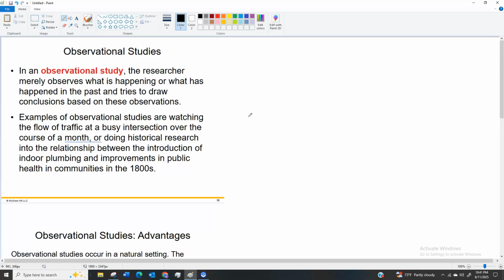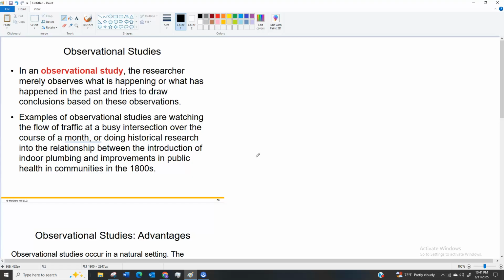Examples of that would be watching the flow of traffic at an intersection, or doing historical research into the relationship between indoor plumbing and public health. Like, at what point did a city get indoor plumbing throughout the city, and did that affect their cholera rates or their rates of infant death or something like that?